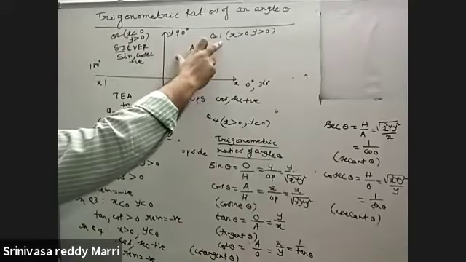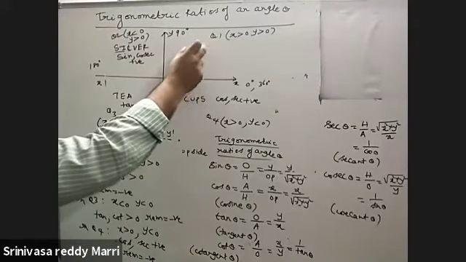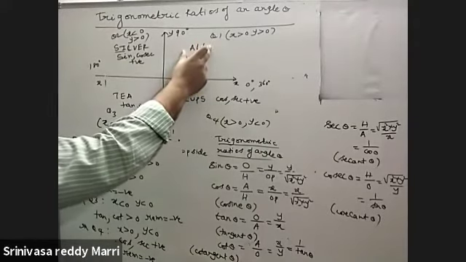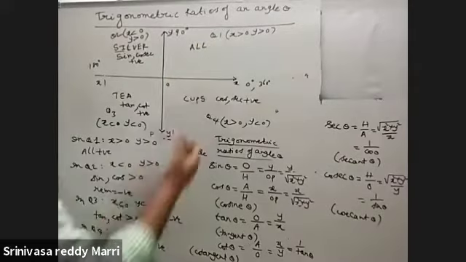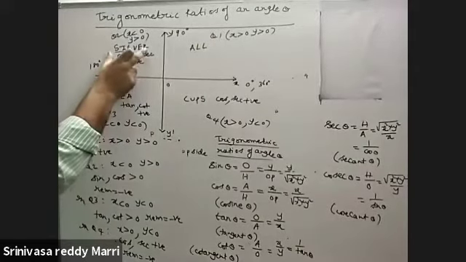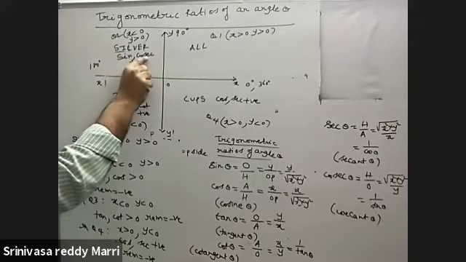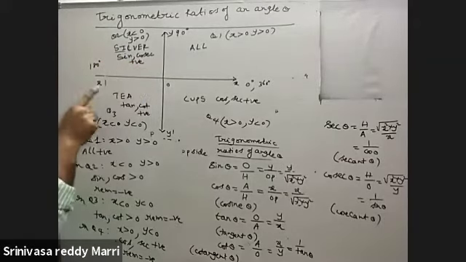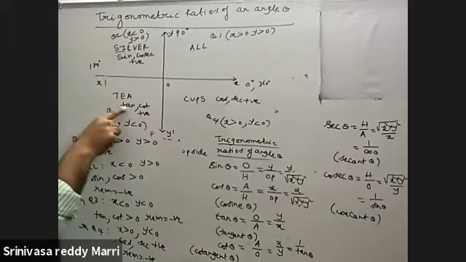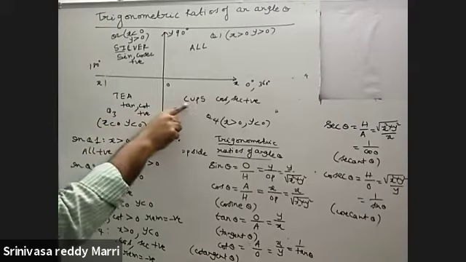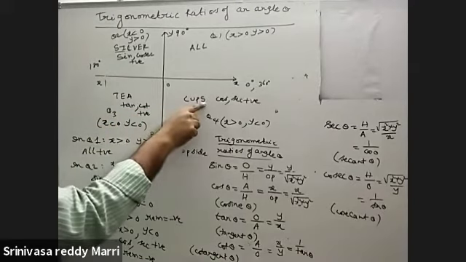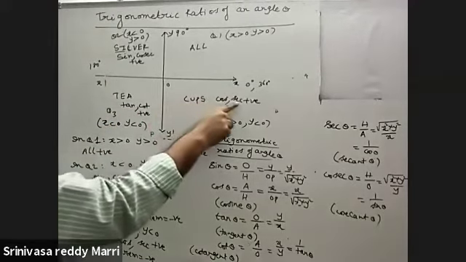If theta is in the first quadrant, all trigonometric values will be positive. If theta is in the second quadrant, Silver means the first two letters: sine and its reciprocal cosecant are positive. If theta lies in the third quadrant, T means tan and cot are positive, remaining negative. If theta lies in the fourth quadrant, then C: cos and secant.